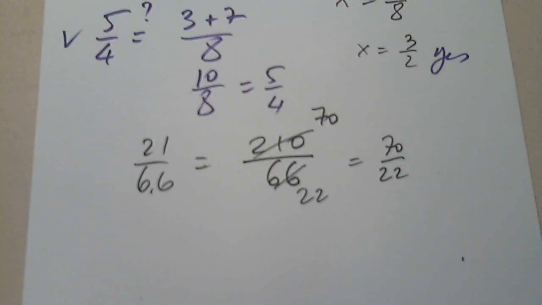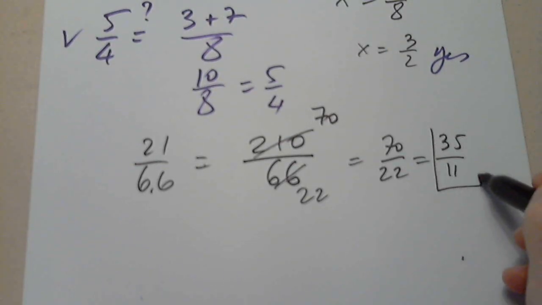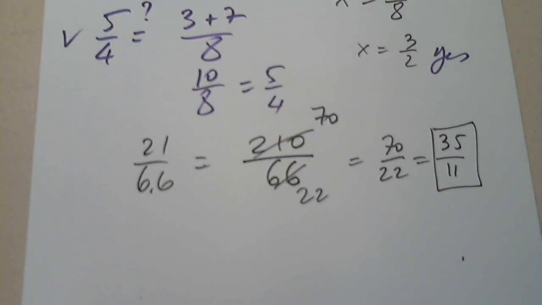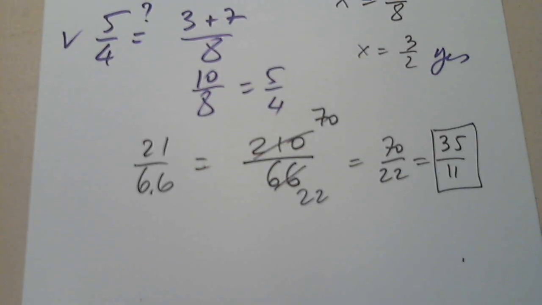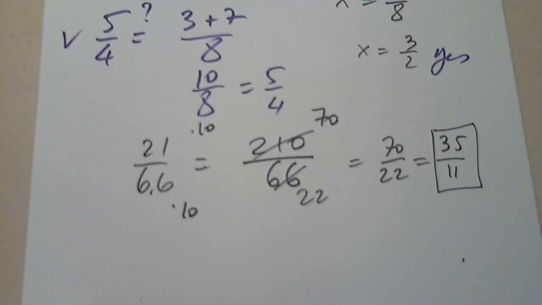Now I will simplify by 2, and I have 35 over 11. This is the fraction in lowest terms. I cannot have decimal numbers in the final answer. I will eliminate them from the beginning, multiplying top and bottom by 10 times 10 times 10.